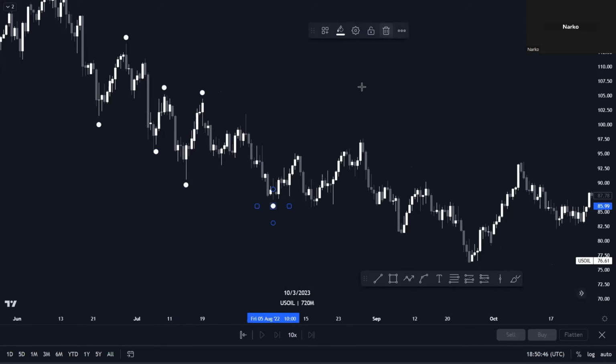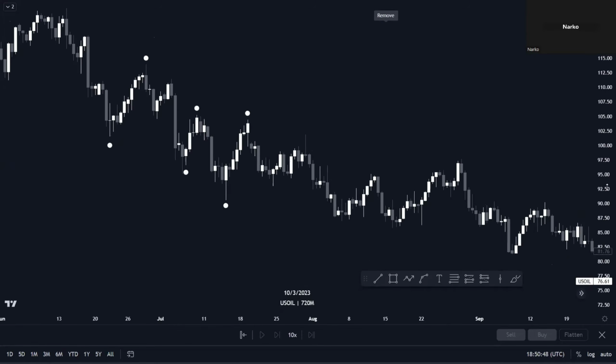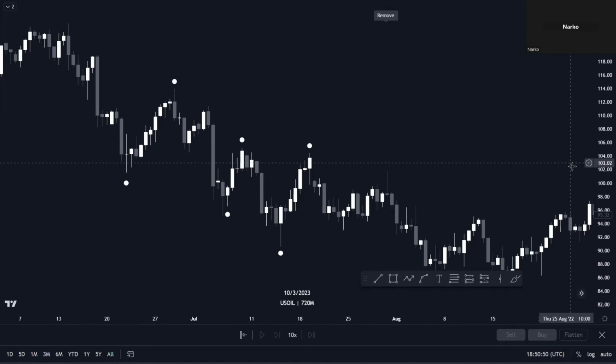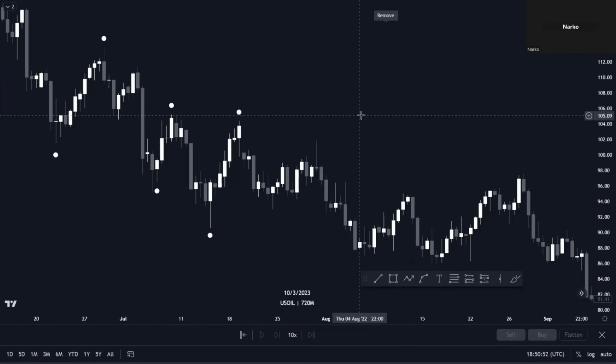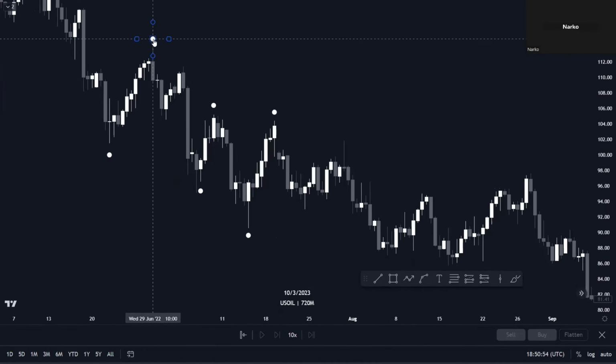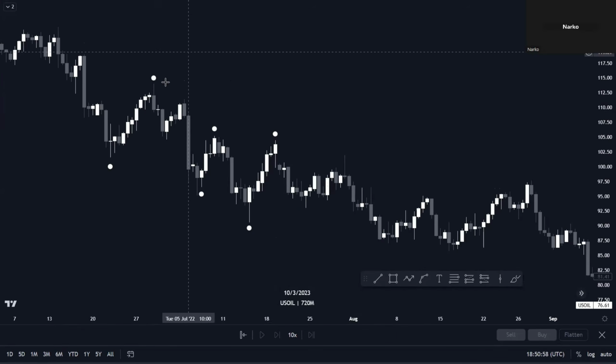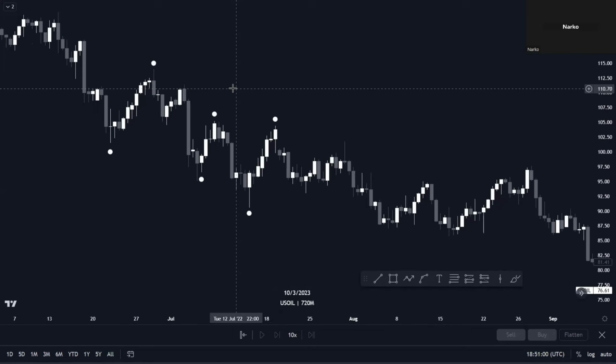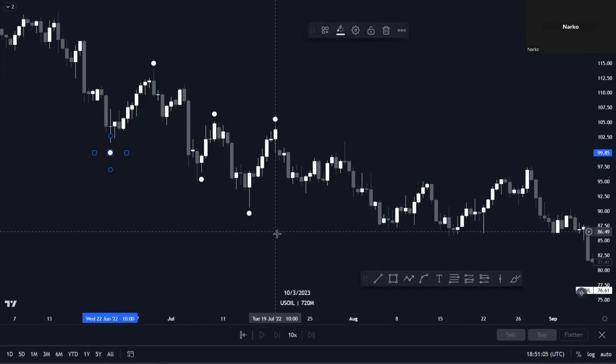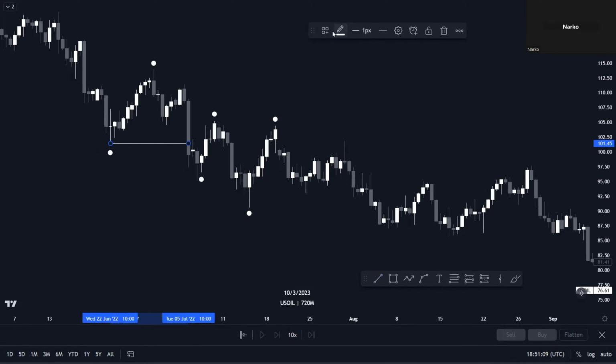Okay, let me just stop here. As you can see here, price created this lower high here. Price pushed to the downside to violate our previous lower low, and this here can be considered a break of structure because price broke with a candle body stick.